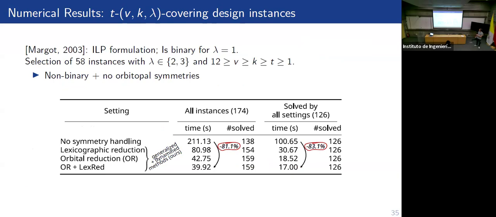Or I think the K needs to be like half V, and then you have the largest possible instance. But if we generate more instances, then the no symmetry handling will just reach the time limit. So then we have no idea what the time gains are, and then this is the only column that we can look at.